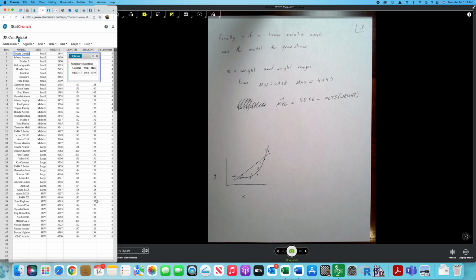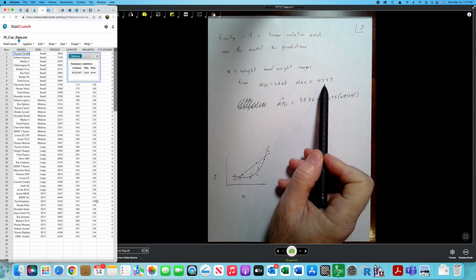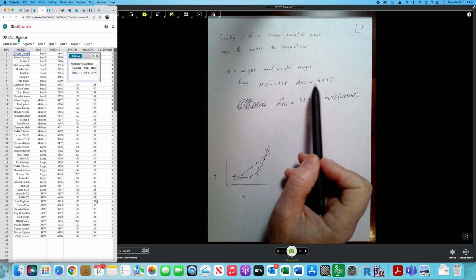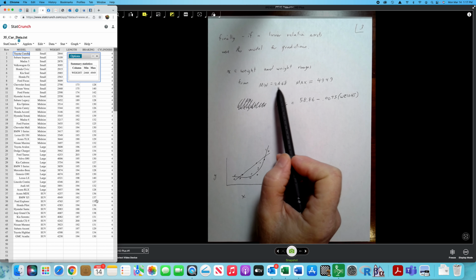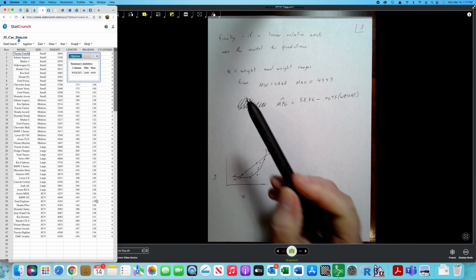Predict the miles per gallon for this new Hummer that I bought that is 5,500 pounds. Well, your model was built on these bounds, right? We don't know what happens above 49.49 because we don't have data up there. We don't know what happens below 2468 because we don't have data down here.